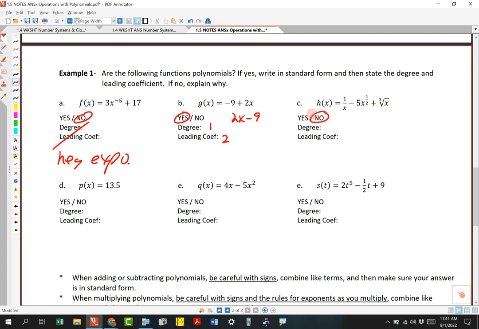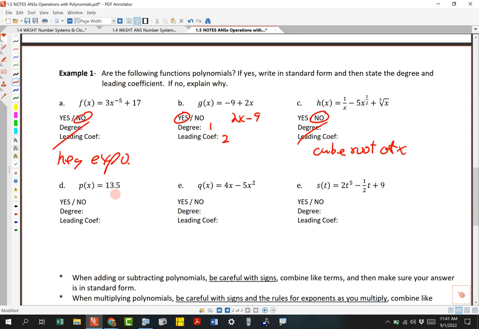Okay, so the answer on this is no. So I'm going to cross these guys out. It's not going to have a degree. It's not going to have a leading coefficient because it's not a polynomial, or the way we're going to talk about it here. So one of the problems is we could say cube root of x, not allowed. There's some other issues here. That's a fractional exponent. You could write that down. And the issue here is we've got a variable in the denominator. There's 3 different reasons at least that you could put that this is not a polynomial. Okay?